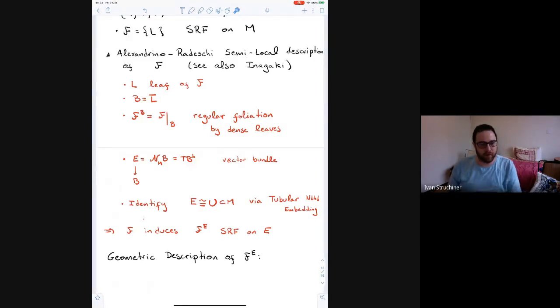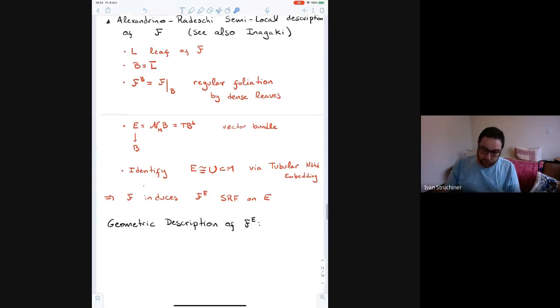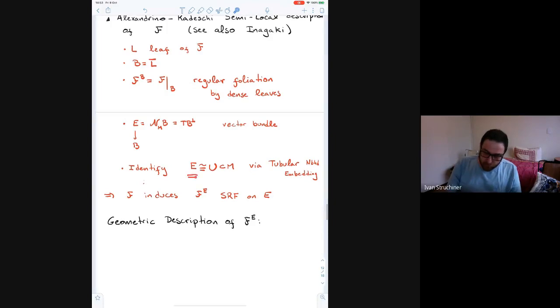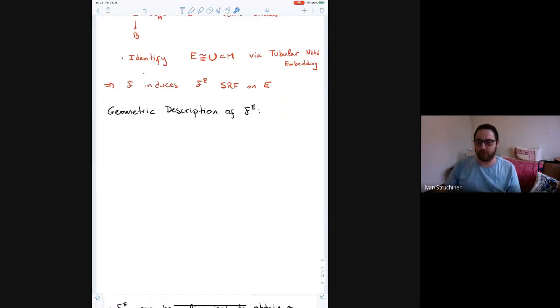It has a natural metric because it's the orthogonal bundle to B. You can identify this normal bundle with a tubular neighborhood via the tubular neighborhood embedding. The foliation you started with will give you a foliation on this vector bundle, and this foliation has a nice geometric description as follows.